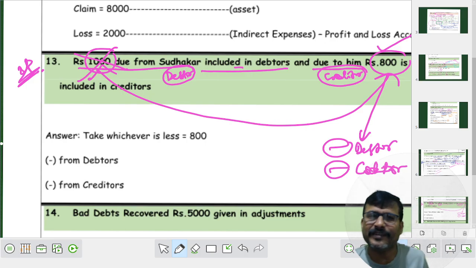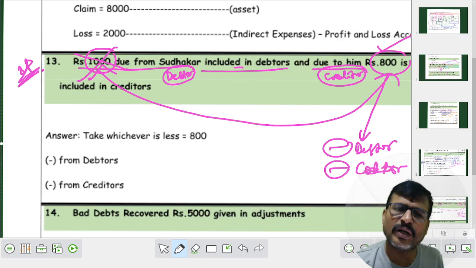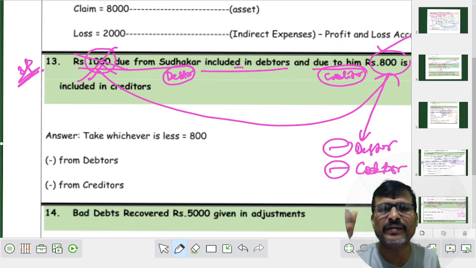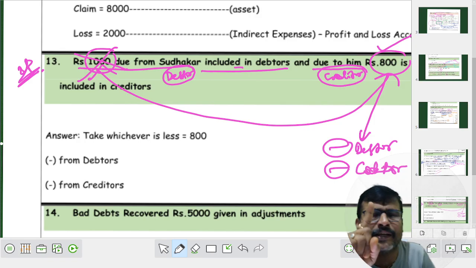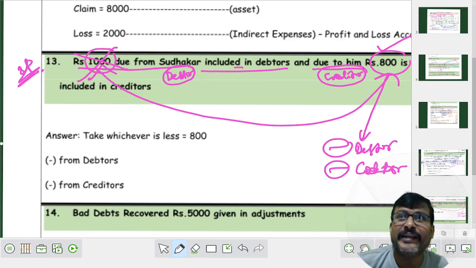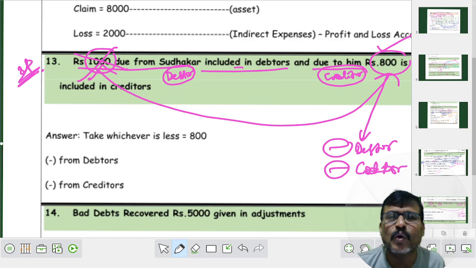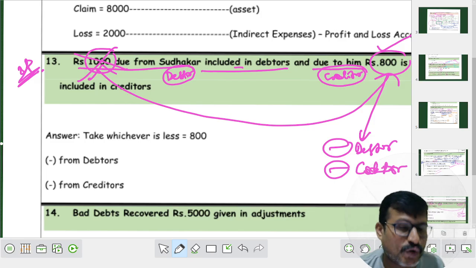This is called inter dues. Actually, it is a point from BCom 6th semester advanced financial accounting, in the holding company chapter, where we used to come across intercompany dues.